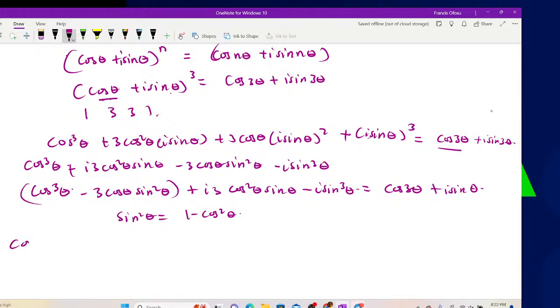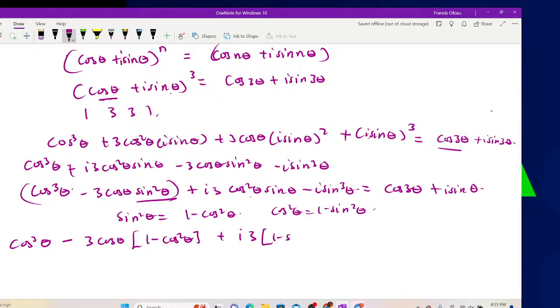So I'll simply have cos³θ minus 3 cos θ, then I'll replace this with that expression 1 minus cos²θ, right? Plus 3i. Then cos²θ here, I'll also represent with 1 minus sin²θ. Is that not it? So 1 minus sin²θ times sin θ, like this.